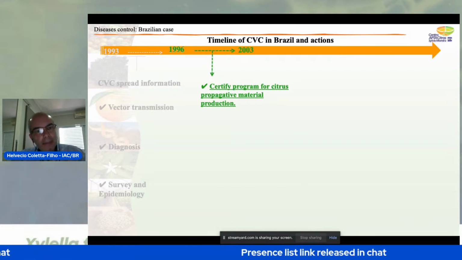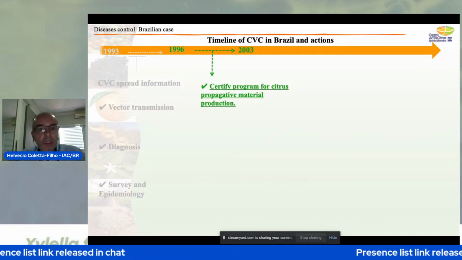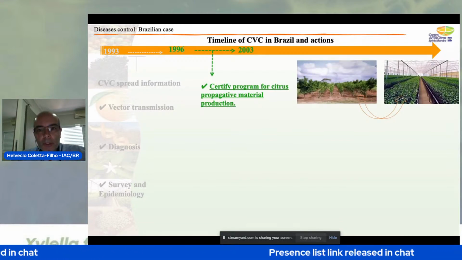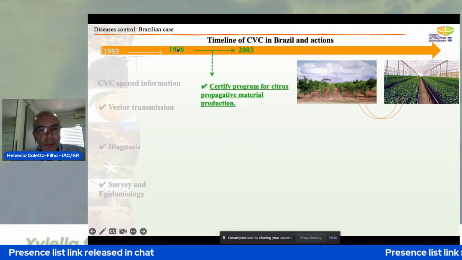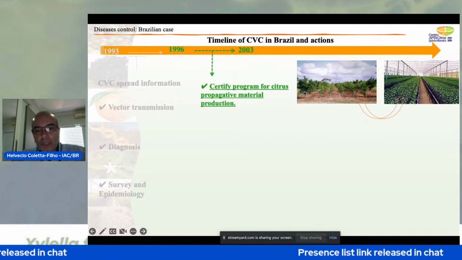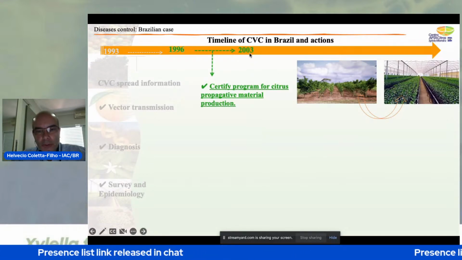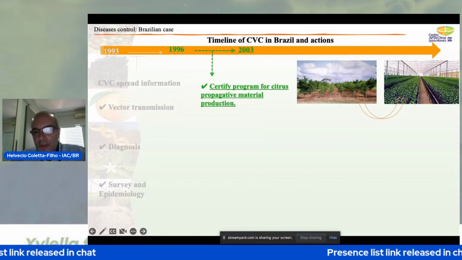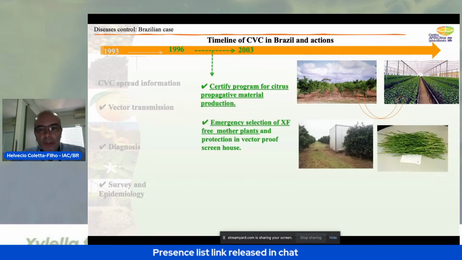It started in 1996, and after 2003 this program, which I will show you briefly, became mandatory. Before, in 1996, nursery production was in the open; after 2003, it became a protected program in the greenhouse.